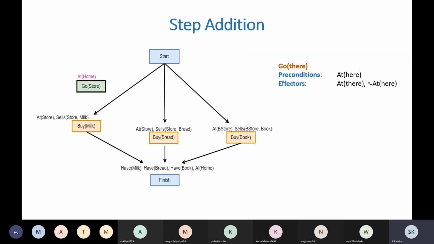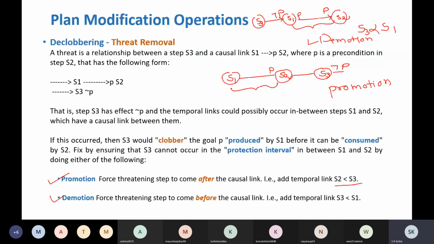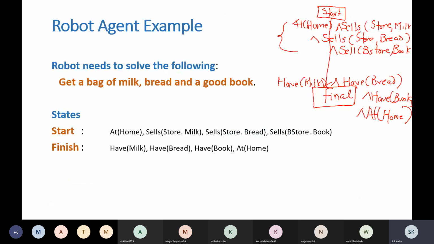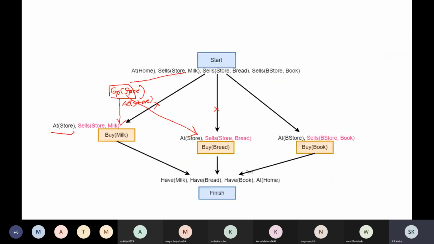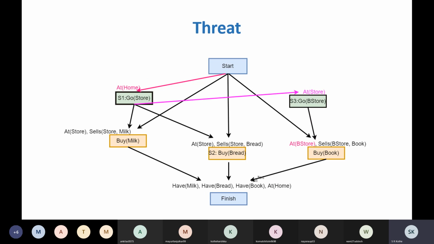So what we have done, go back, how to do that? Promotion and demotion, right? So these steps you will have to incorporate. So what you will do, demotion I will perform in this way.